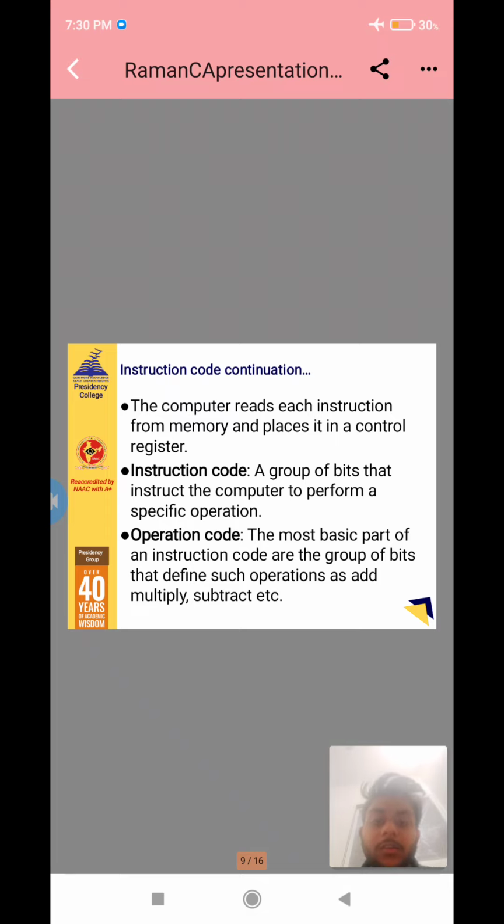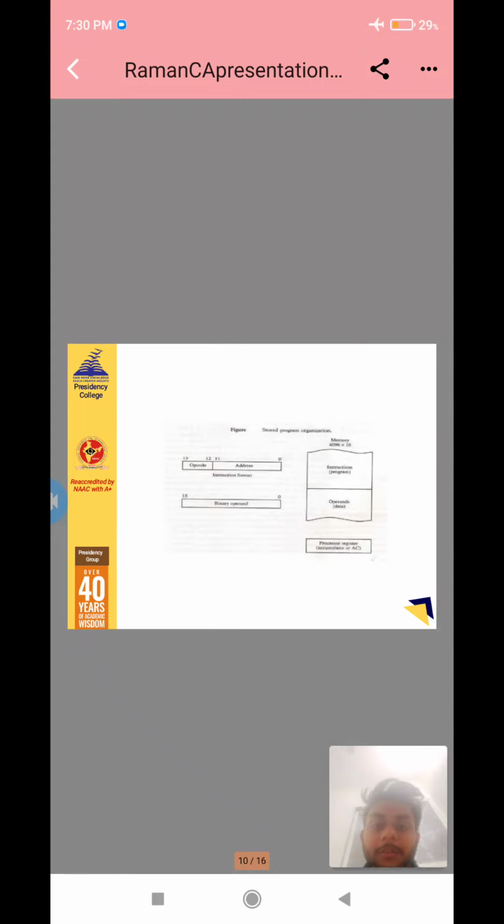Operation code: the most basic part of an instruction code is the group of bits that define such operations as add, multiplication, subtraction, etc. Obviously, we can perform many different types of operations on a computer, and we have listed some of them here, such as addition, multiplication, subtraction, etc.